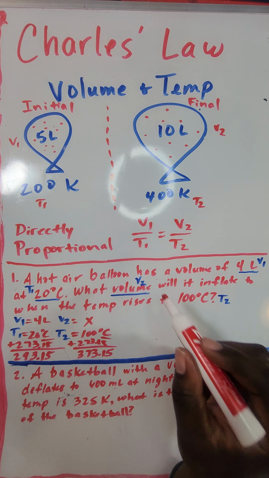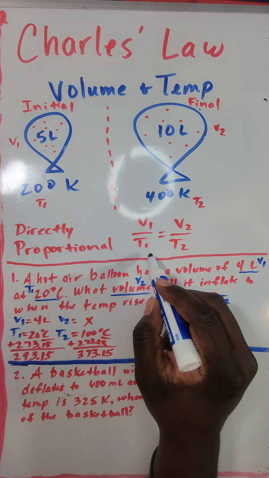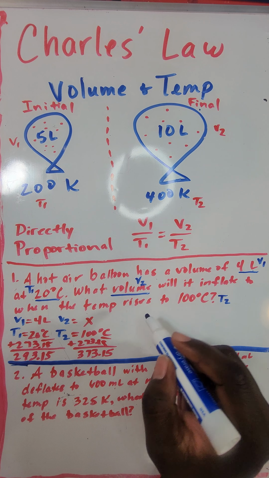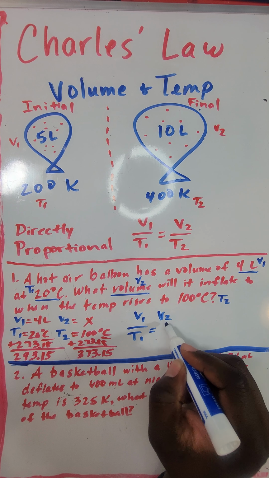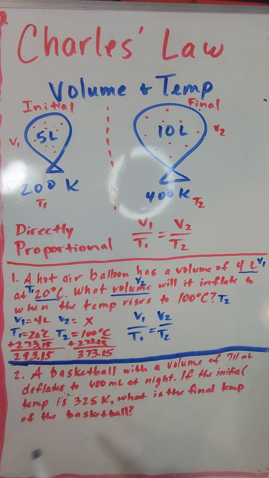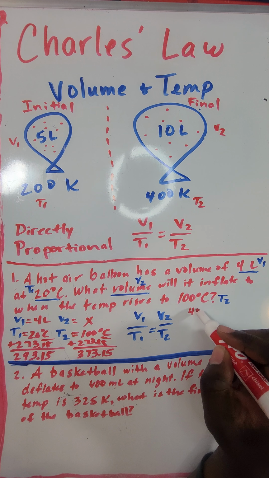So now we're going to use our formula, which is V1 over T1 equals V2 over T2. We're going to plug in. So our V1 is going to be 4 liters.